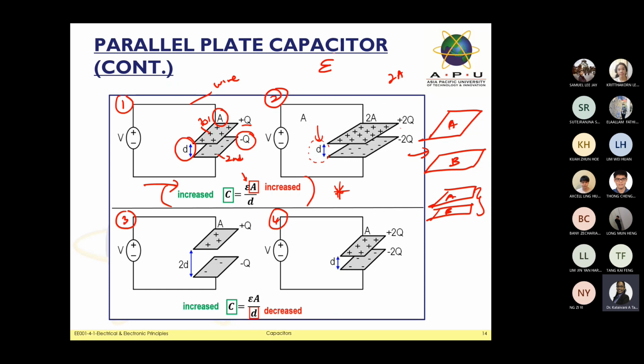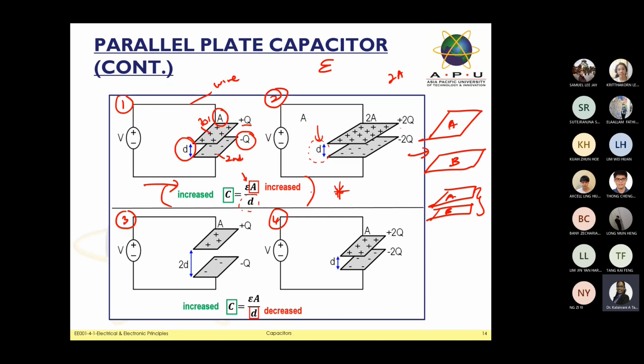This symbol is the permittivity of the medium, times A. A means the area. Take note, A is the area. At the same time, have a look at d. d means the distance between the two plates.